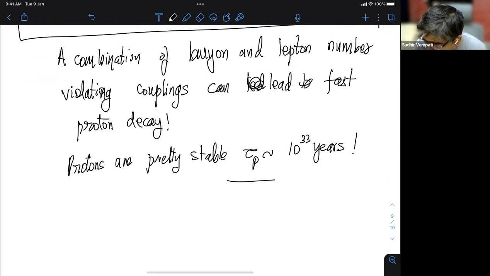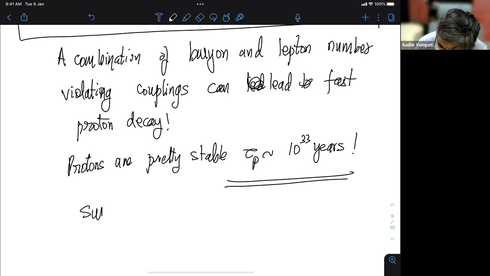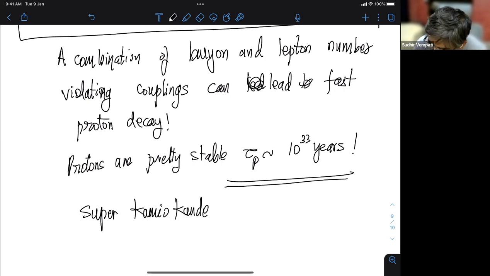If you break this limit, it's called fast proton decay. This limit comes from Super-K, which searches for proton decay.